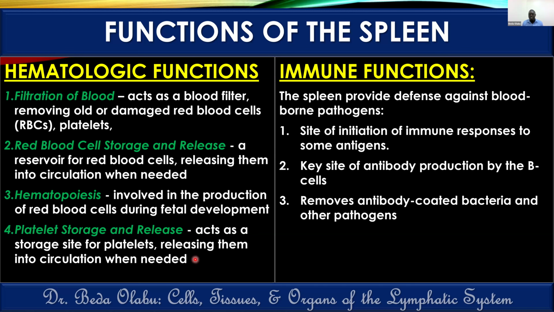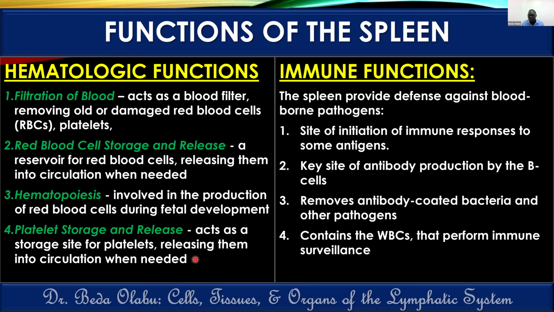The spleen is also an important site of removing antibody-coated bacteria. So the bacteria that have been coated by antibodies following humoral immune response are destroyed and removed by the spleen. It also contains other white blood cells, which perform immune surveillance. They are just watchmen, they check: are we okay?